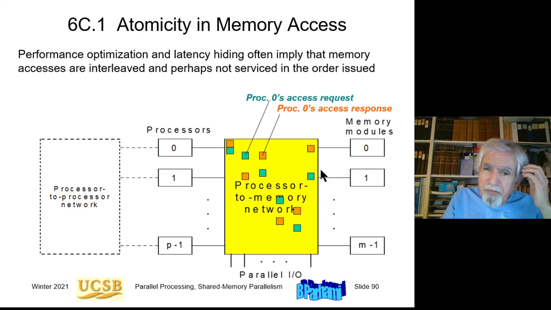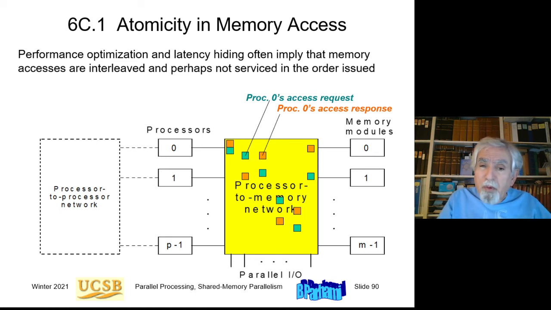Now, imagine that different processors are issuing memory accesses. It's entirely possible that some of the accesses of processor 0 will conflict with other accesses, whereas the other accesses do not. So this access, for example, here, may encounter a conflict and be delayed as a result, whereas this access is going through and it may overtake this access, so that the result will come back out of order, okay?